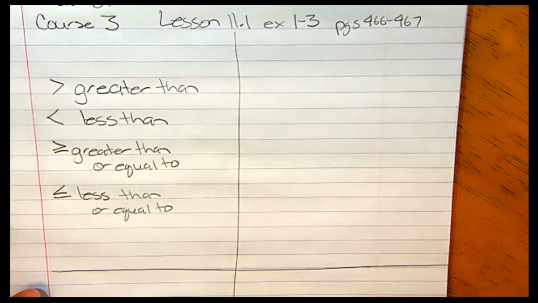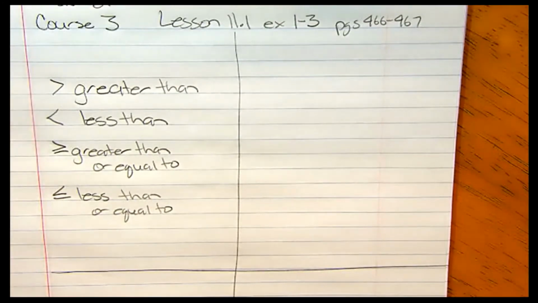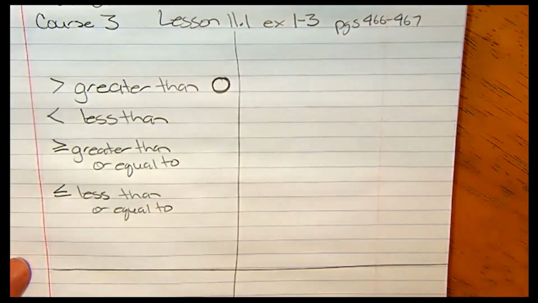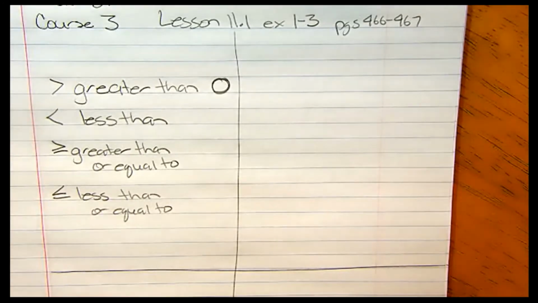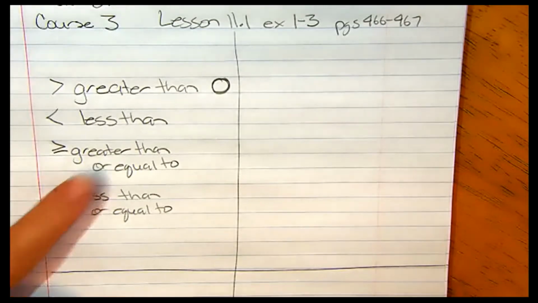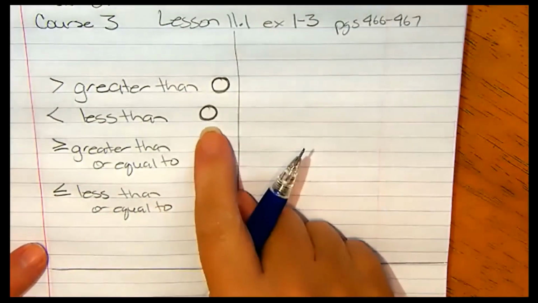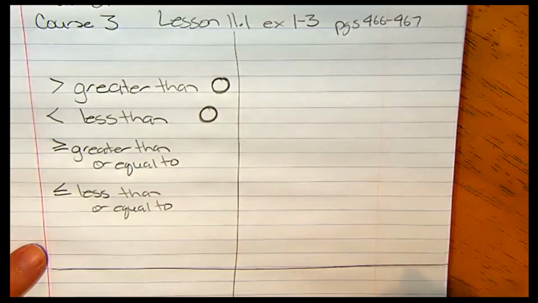In 6th grade, we learned how to graph inequalities. And we learned that an open circle means that that's where the solution starts, but it does not include that number. And for less than, we used an open circle, and it means that's where the solution starts, but it did not include that number.